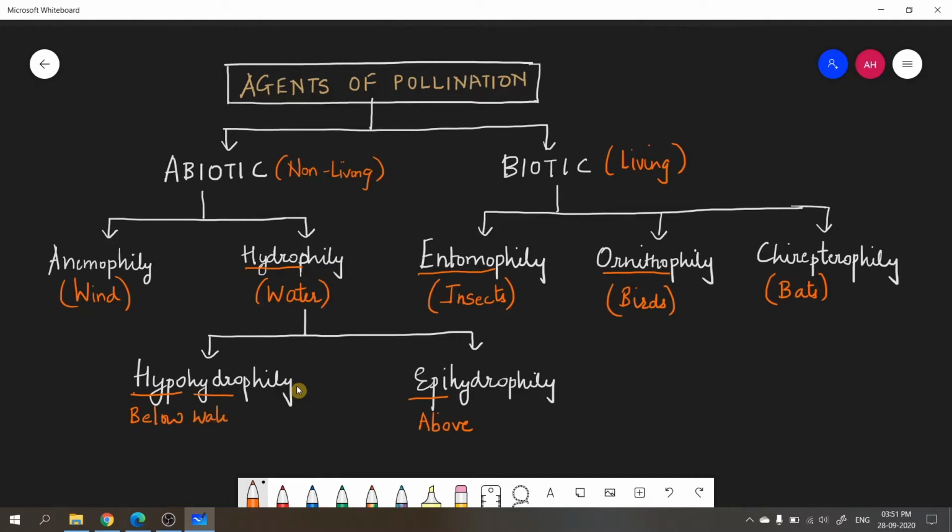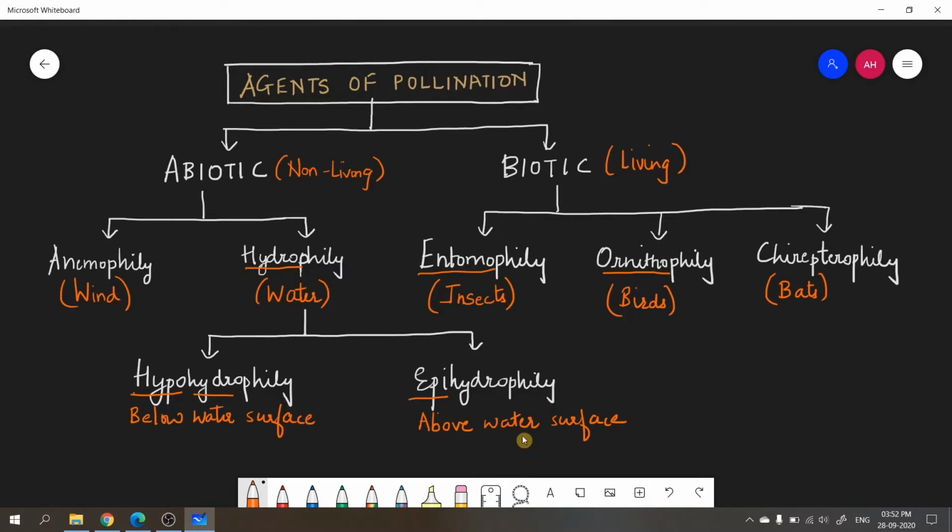So below the water surface. Very simple to understand, below the surface of water, and over here it is above the water surface. So in short, hypohydrophily is a type of pollination which takes place below the water surface, whereas epihydrophily is a type of pollination that occurs above the surface of water.